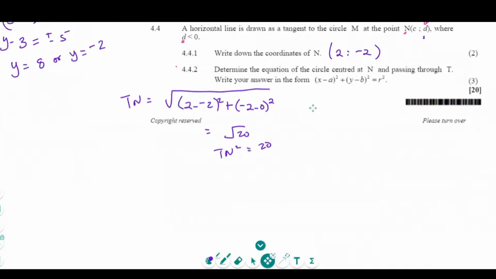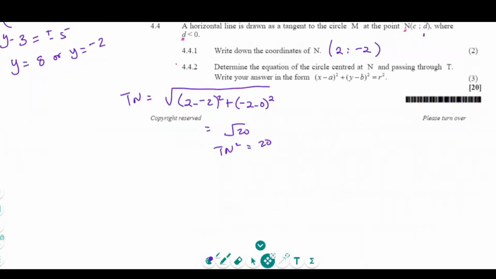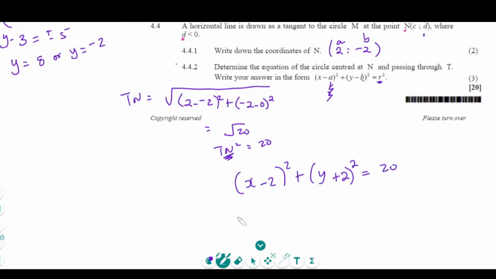Then I'll substitute into the equation. My a is 2 and my b is -2, so I just switch the signs. The equation is going to be (x minus 2) squared plus (y plus 2) squared is equal to r squared. My r squared is this TN squared, which is 20. There we go. That is question number 4.